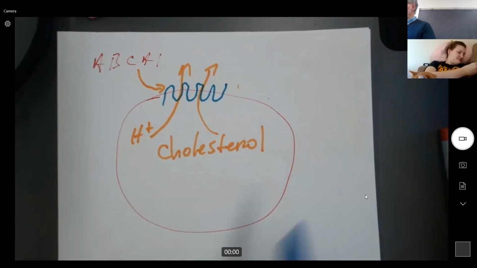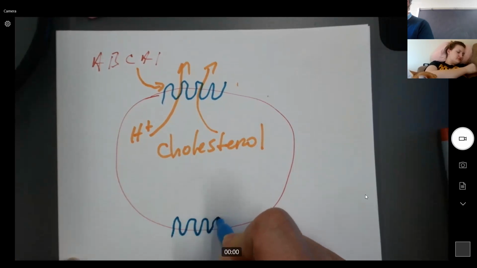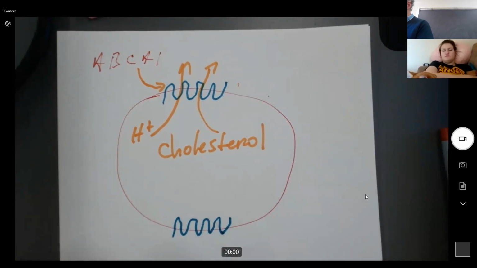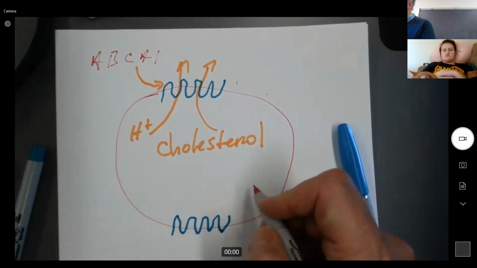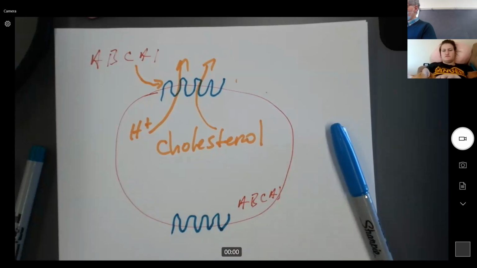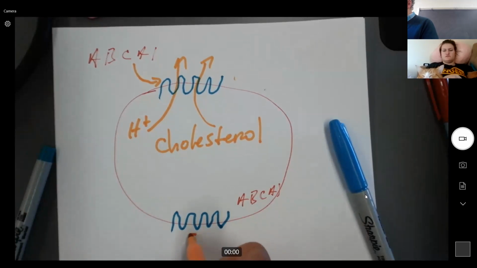So if we put another ABCA1 over here, and let's get an HDL particle over here.